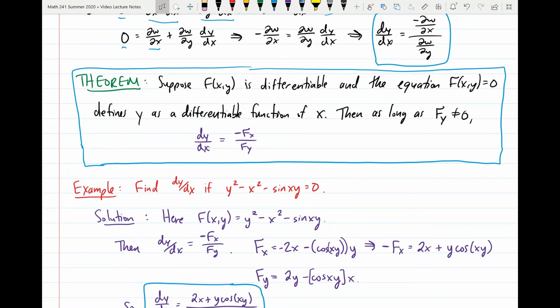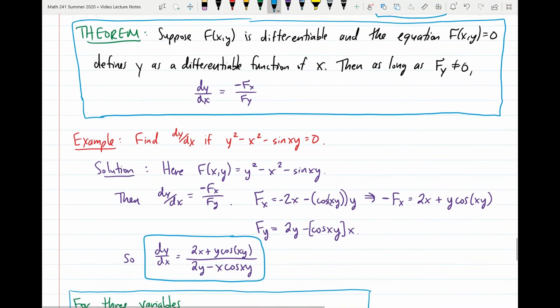So if we have that function F of x, y and it's differentiable, and the equation F of x, y is equal to 0 defines y as a differentiable function of x, then as long as the partial derivative of F with respect to y is not equal to 0, dy/dx is going to equal the negative partial derivative of F with respect to x over the partial derivative of F with respect to y.